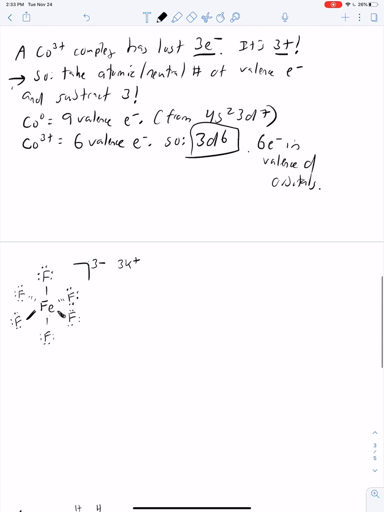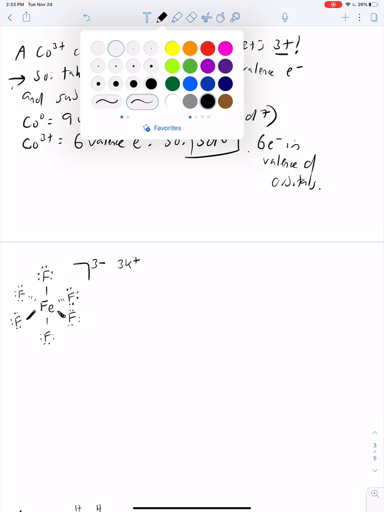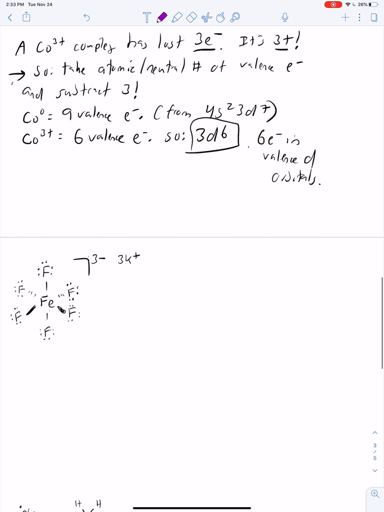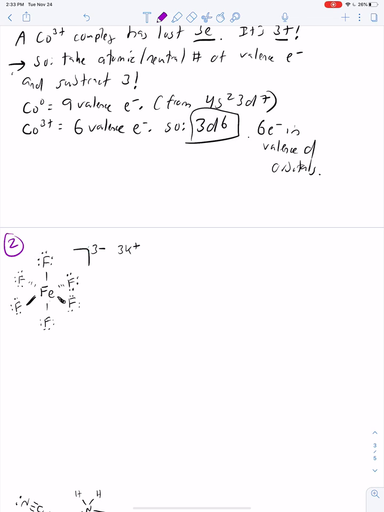All right, so I will go through this again using the iron complex. Once again, we can do the second example with this iron complex. Once again, we need to worry about this equation: the overall charge of the complex is equal to the ligand charge plus the metal oxidation state. The overall charge of the complex is -3 this time.